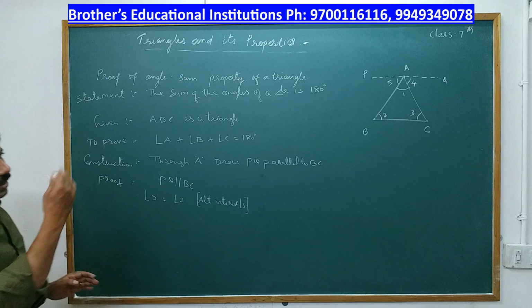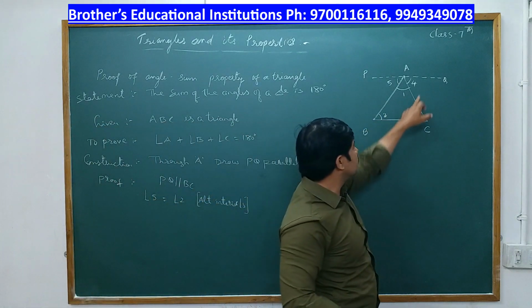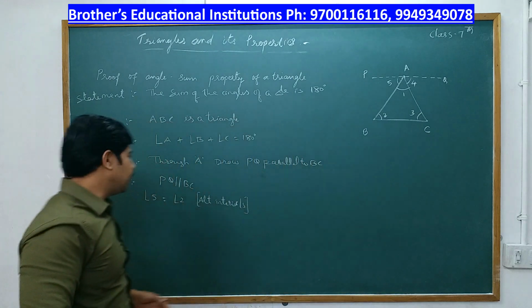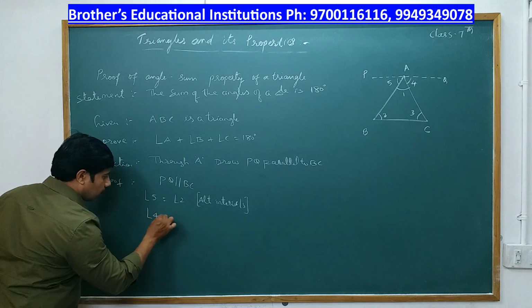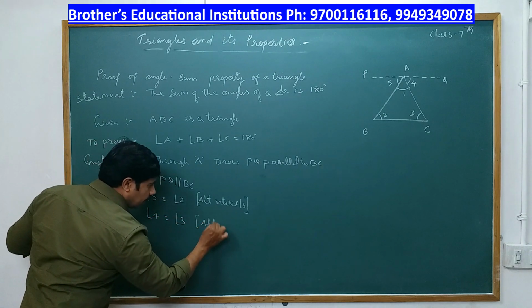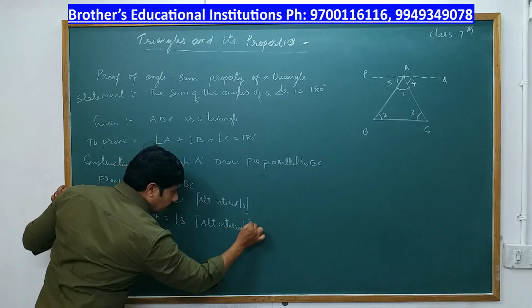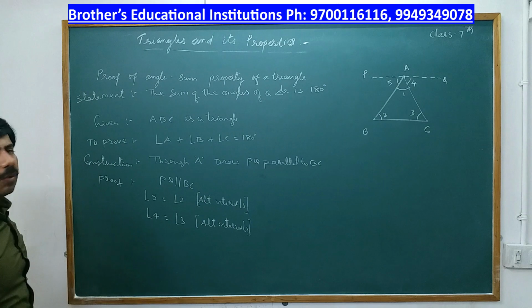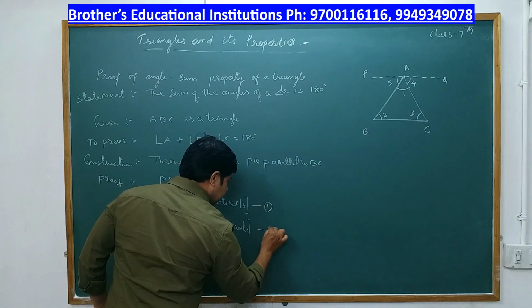Similarly, on the other side of the triangle, angle 4 is equal to angle 3. This is also alternate interior angles. So we write angle 4 is equal to angle 3, alternate interior angles. Okay. Now I'll represent them as 1 and this as 2.